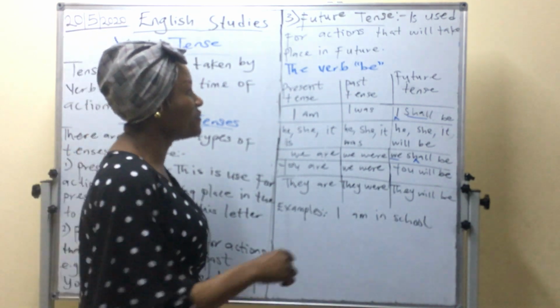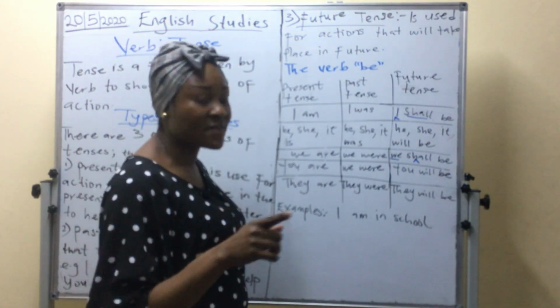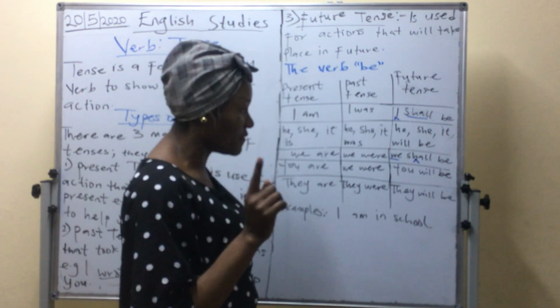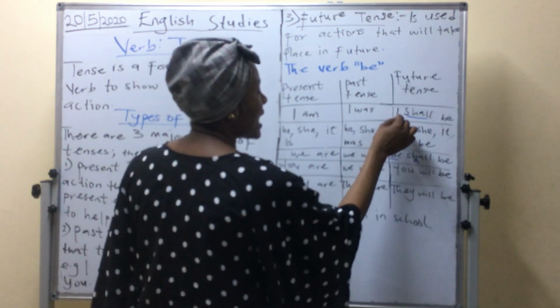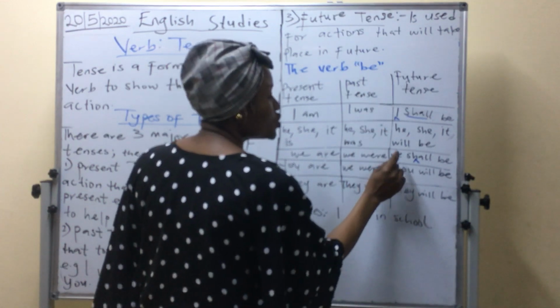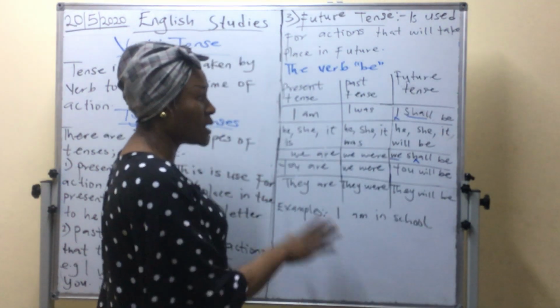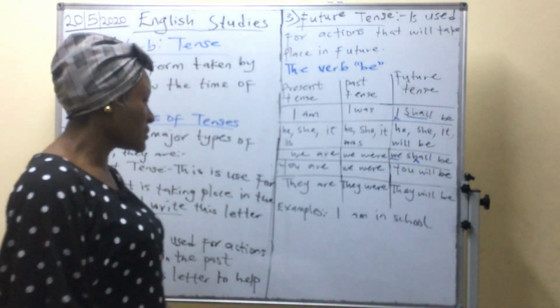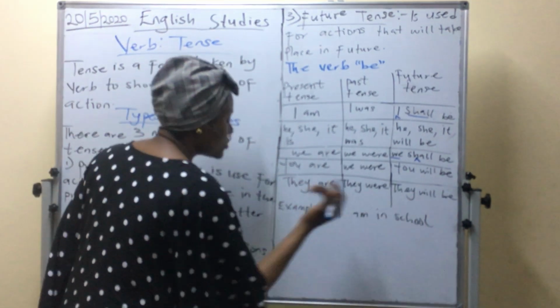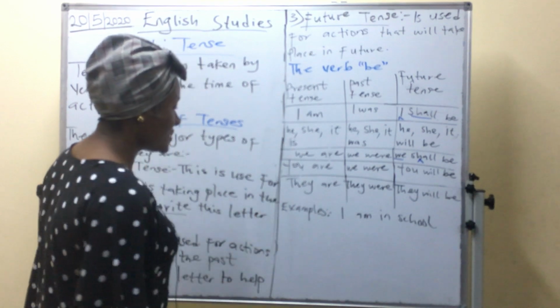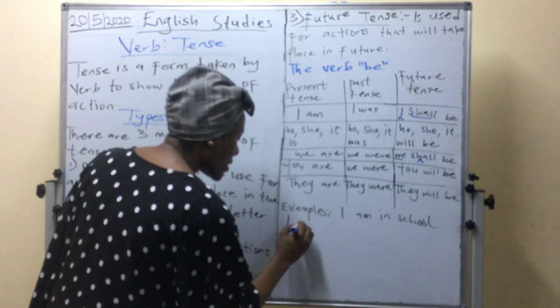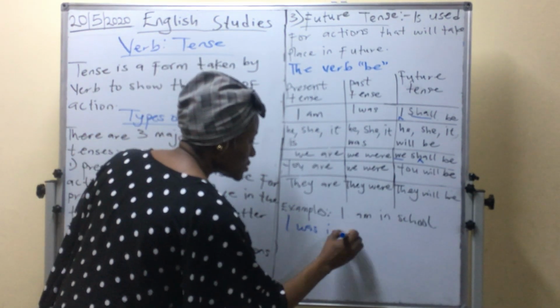Please, we have the verb be, we have the verb do, we have the verb have. Any of these three you are using, you must use shall for I, and you must use shall for we. Every other pronoun we use will. Let me give you more examples. I am in school. If I want to change this to past tense, I will say I was in school.